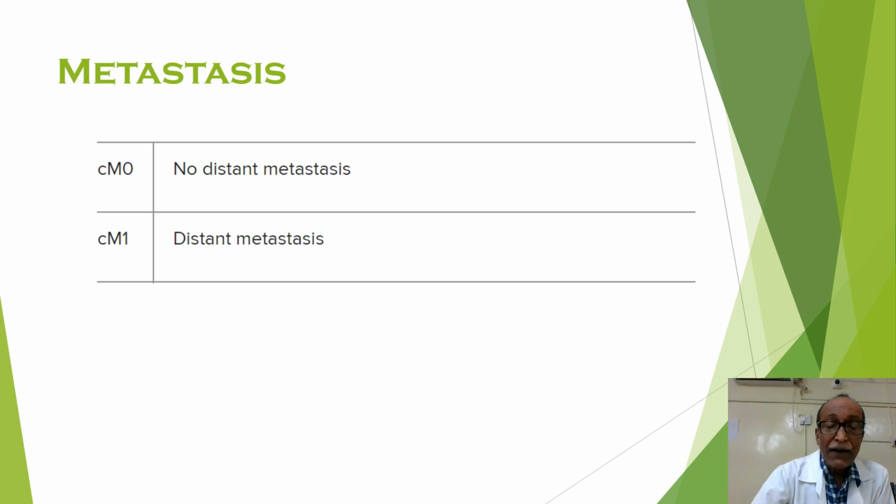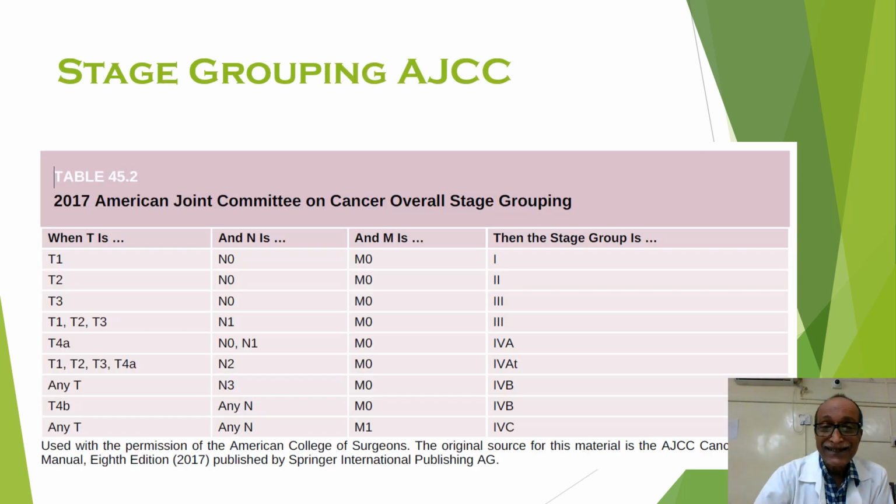So thus you have got all these 3 factors T, N, and M measured, and then you make a stage grouping. This is stage grouping, which starts from stage 1 to stage 4. Advanced head and neck cancers are those which are stage 3 onwards.